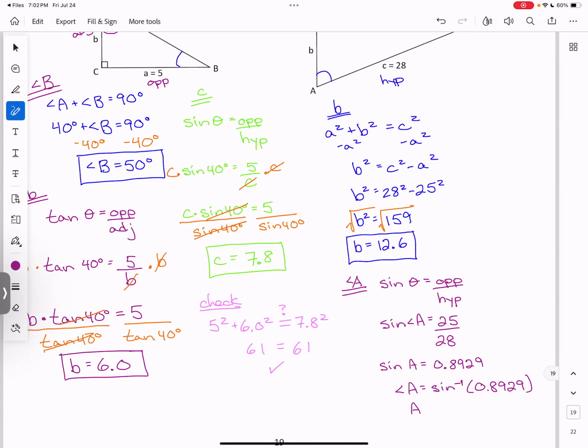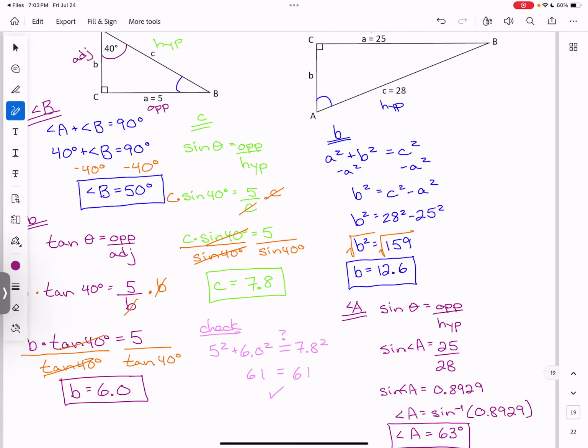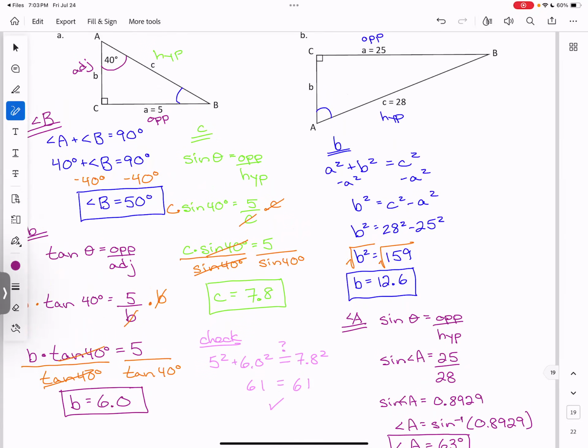Oh, I guess I dropped my angle system. Okay, so I'm going to do sine inverse of the answer. And to the nearest whole number, I get 63 degrees. The last one we need is angle B. We can do that one of 2 ways.